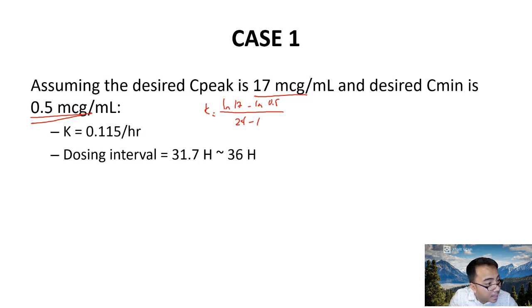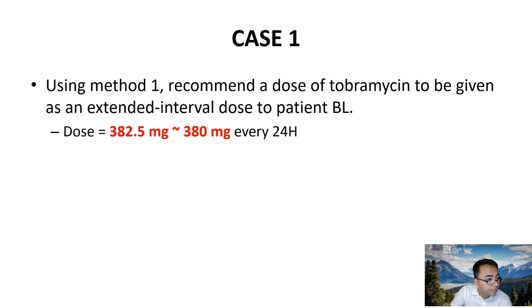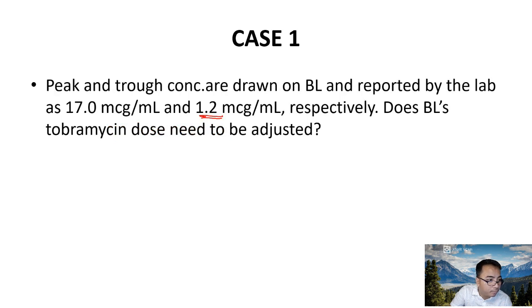Okay, so we have a peak of 17 and the desired Cmin is 0.5, and our dosing regimen is every 24 hours, with an infusion time of 1 hour. Oh, sorry. The desired is 0.5 but my actual is 1.2.